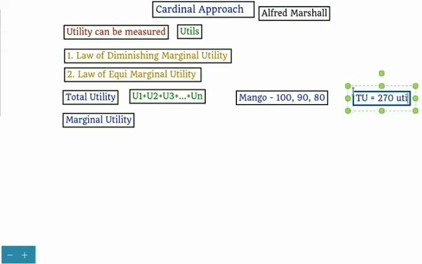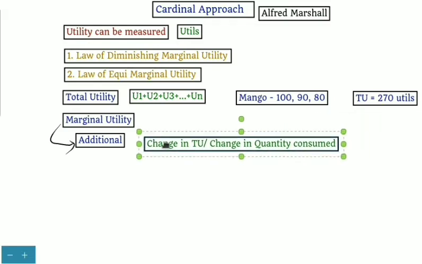Similarly, we have to know about the marginal utility. Marginal refers to the term additional. Marginal and additional are the same. So marginal utility means the additional utility we derive. The additional utility can be calculated by the change in total utility due to the change in quantity consumed.